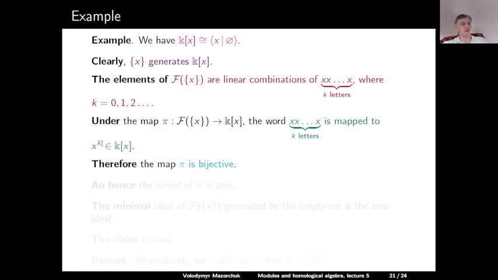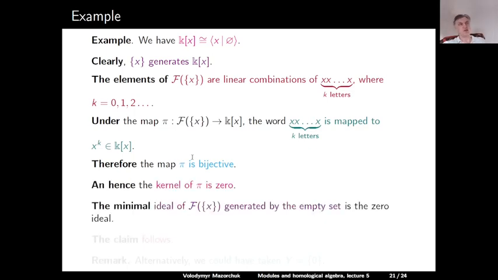And these monomials form a basis in our algebra, and this means that our map is bijective. So our surjective homomorphism pi is in fact bijective, and so the kernel is 0. And of course, the 0 ideal is generated by the empty set of relations. And so this implies the claim of our example.